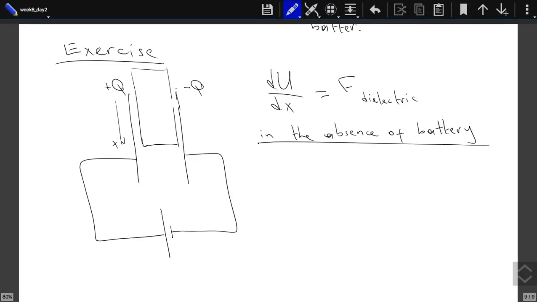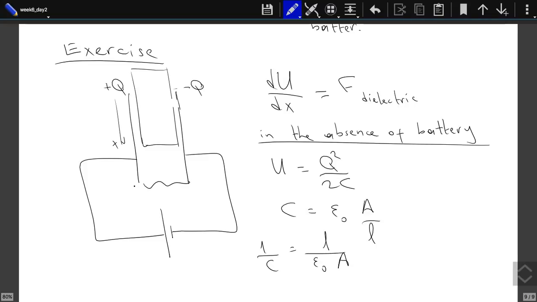Now, we said that the potential energy of a single capacitor, we had already evaluated it, was Q squared over 2C, where C was epsilon 0 A over L, or 1 over C is equal to L over epsilon 0 A, where this is our L.